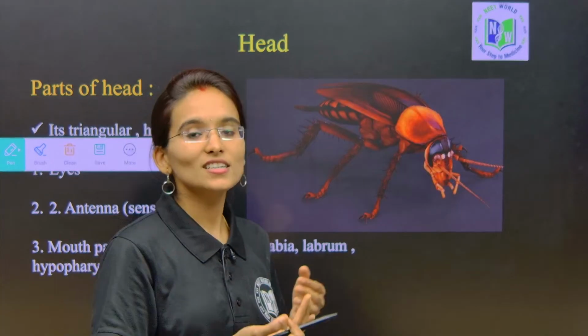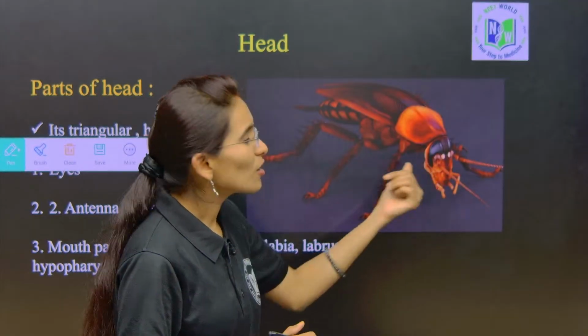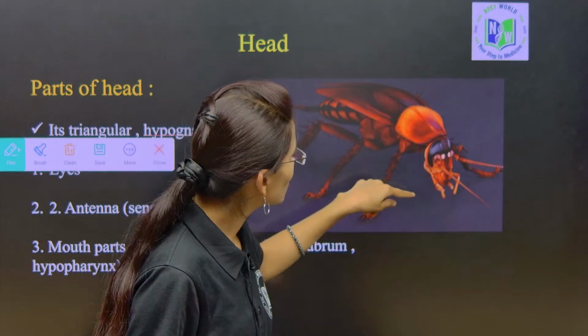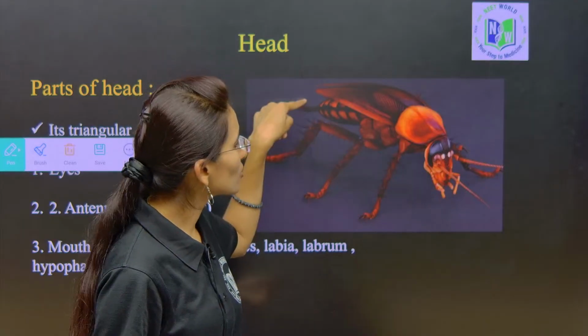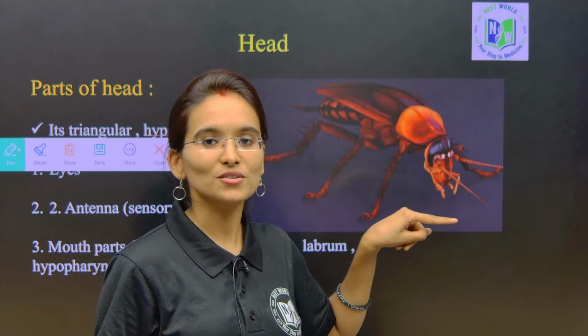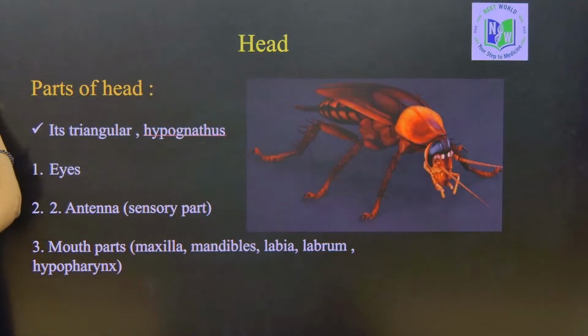It is almost triangular in nature and usually perpendicular to the abdomen, completely perpendicular to the body of the cockroach. That is the reason we call it the hypognathus head.